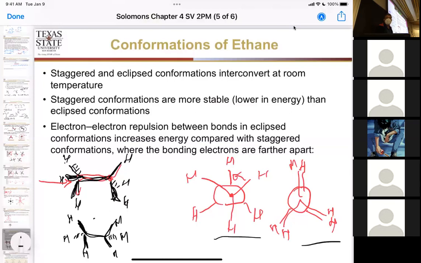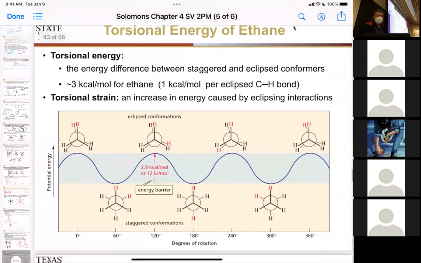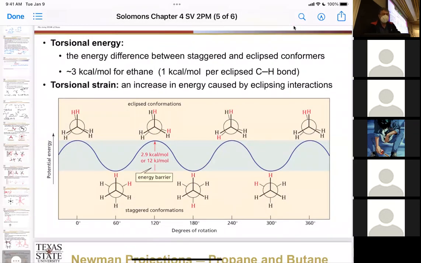Okay, so we have that rotation, and then we have differences in energy. So now let's talk about the differences in energy. Let's start with that high energy state we started out with here. And we see that we have hydrogen butting up against hydrogen, and we have 3 of those because we have 3 different hydrogens. If we were to just slide it over 60 degrees, so it was in that staggered configuration, the energy would drop by about 2.9 kcals per mole.